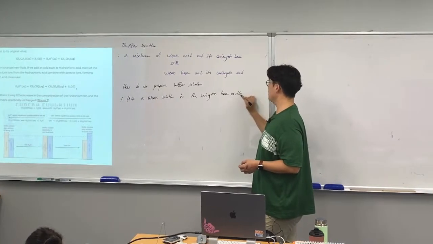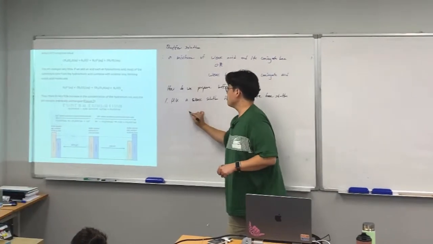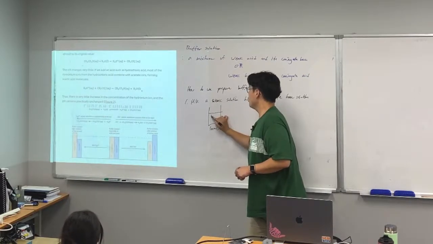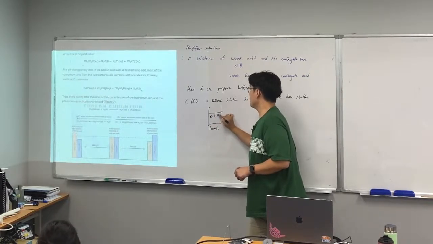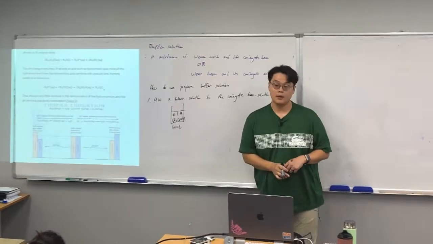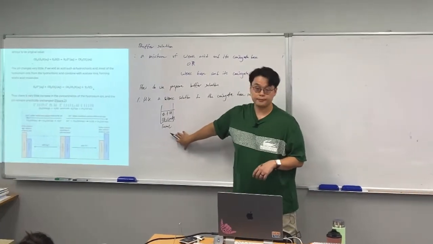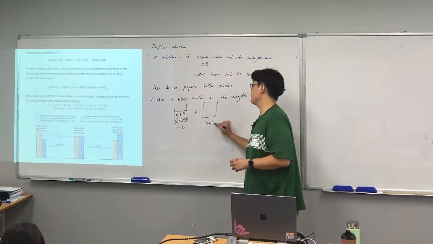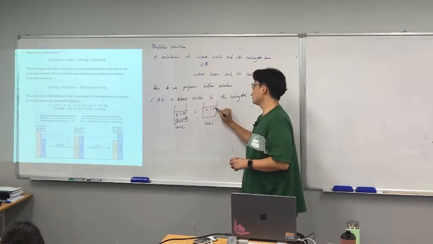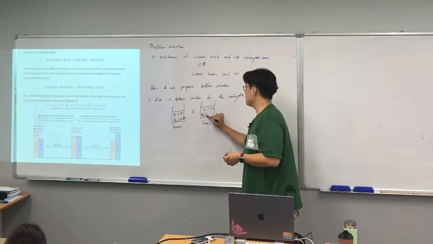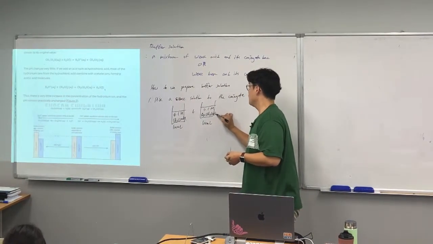What I mean is you prepare 100 mL of 0.1 molar acetic acid. So you prepare that, okay? And you mix that with another 100 mL, maybe different volumes, of 0.1 molar, same concentration, but this time it would be sodium acetate solution.